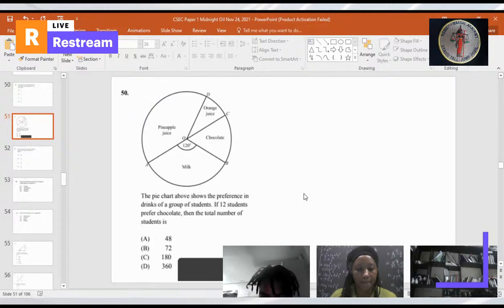12 prefer chocolate. No, milk is 120 degrees. Milk is 120 degrees. It's a full third.